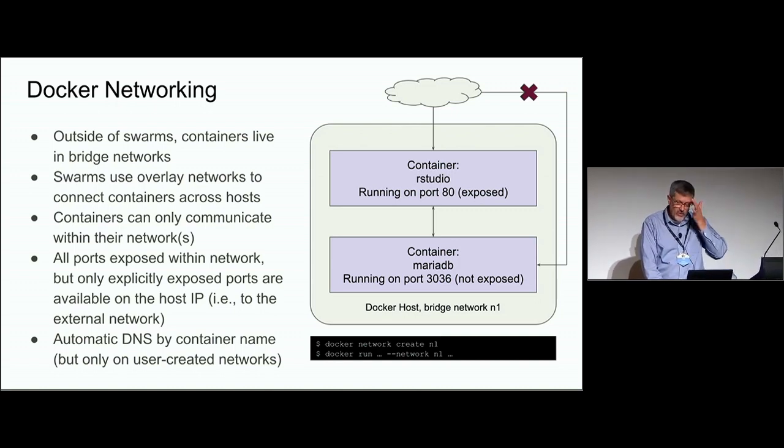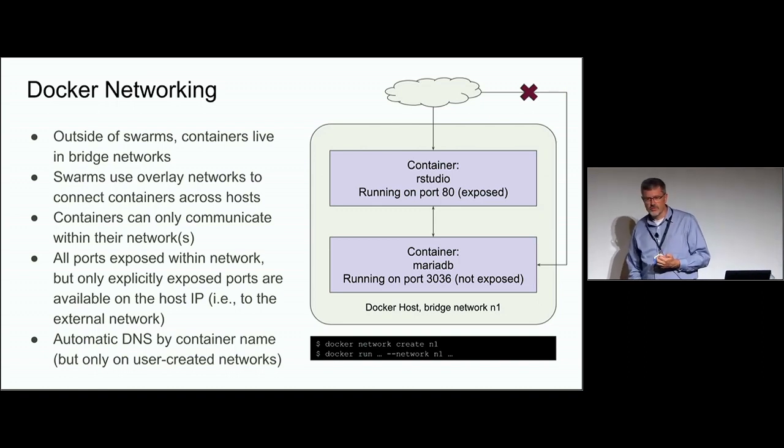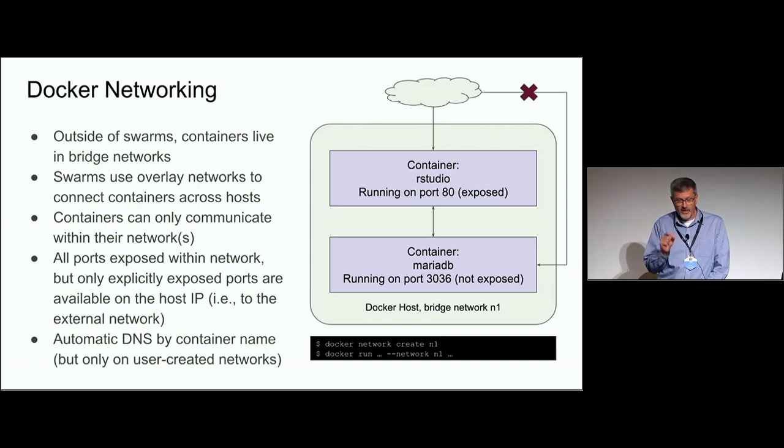And then also on a bridge network in Docker, there's automatic DNS resolution by the container name. So if I have a bridge network that I've created, this doesn't work on the default bridge network, but if you create a bridge network and put containers on that network, they can all access each other by their container name as their host name.